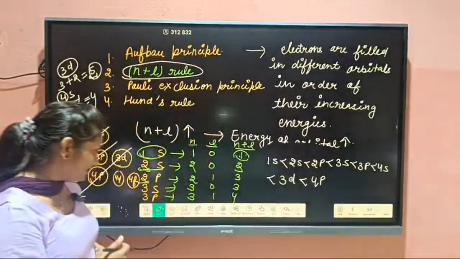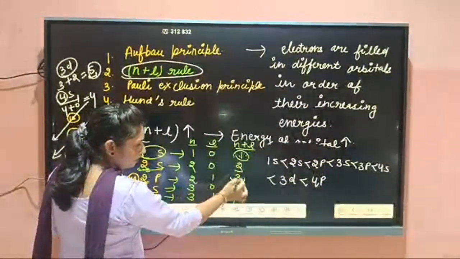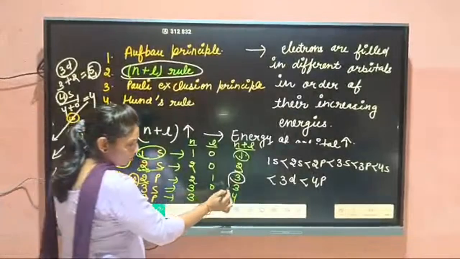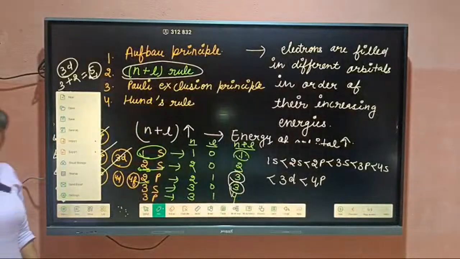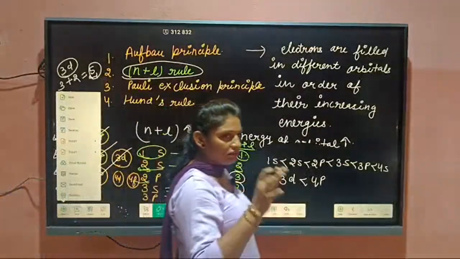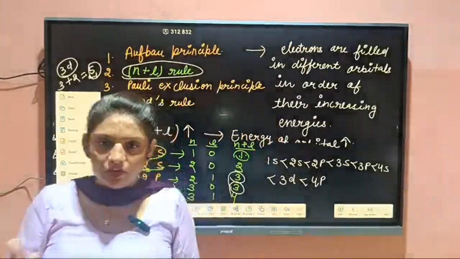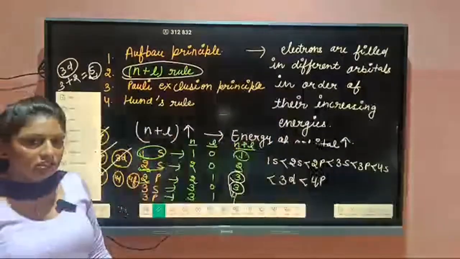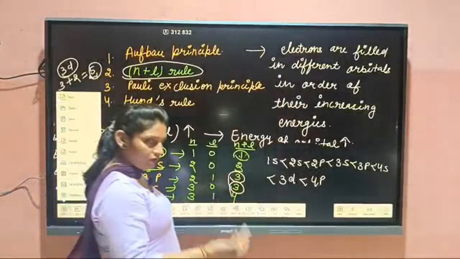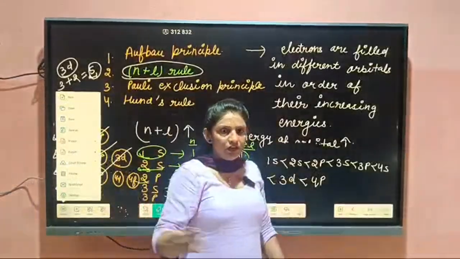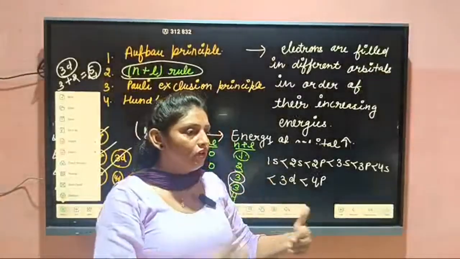But students, in some cases, like you can see, for 2p this value is 3, and for 3s it is also 3. So if value of n plus L is same, then you will see value of n only. You will fill electron first in the one which has lower value of n, then in the energy level which has more value of n.